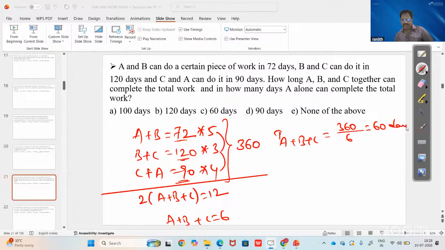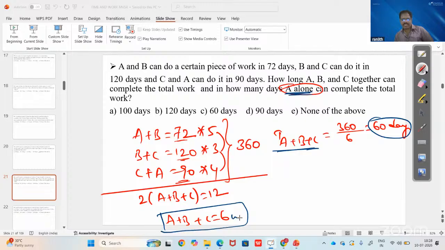But he's asking total work and also A alone. In how many days A alone? So we don't have options for A alone. A plus B plus C equals 60 days. What is the efficiency of A plus B plus C per day? 6 units per day.